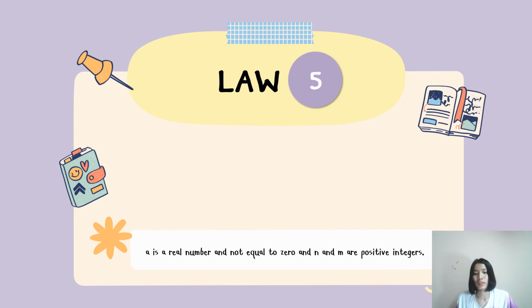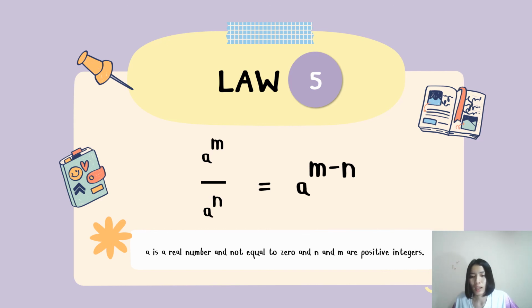Let's proceed to the last law. Law number 5. a raised to the power of m divided by a raised to the power of n is equal to a raised to the power of m minus n, where a is a real number and not equal to 0, and n and m are positive integers.